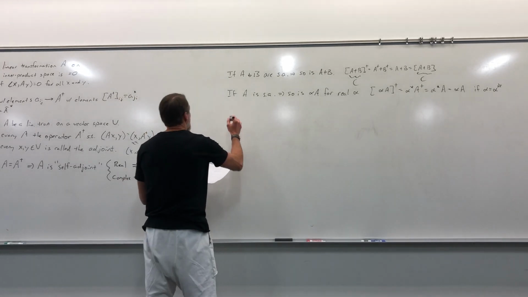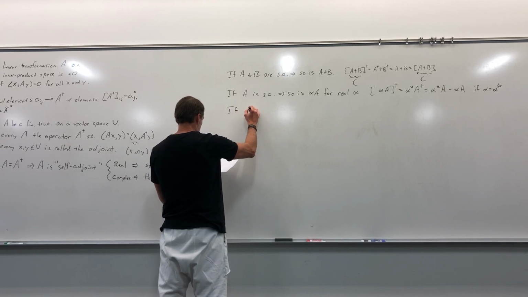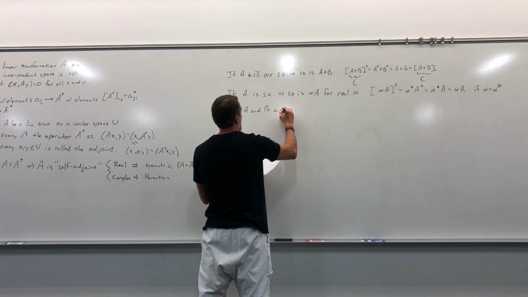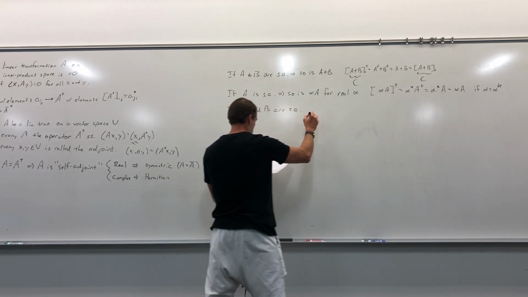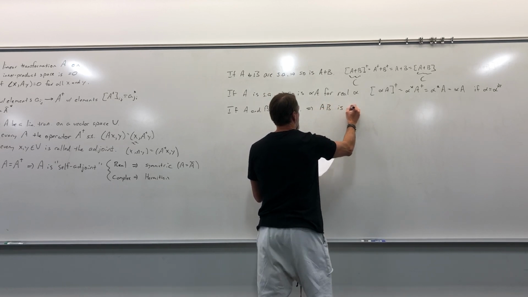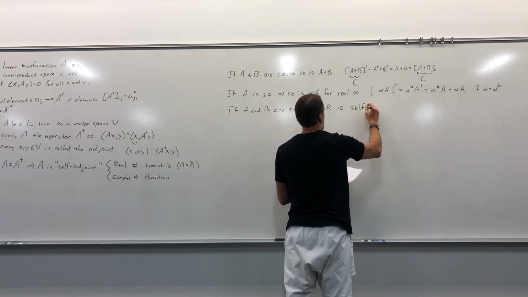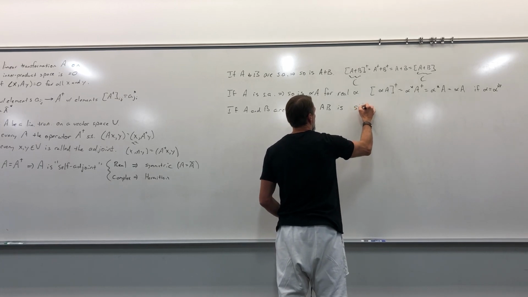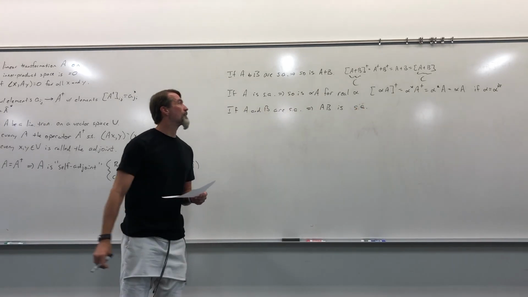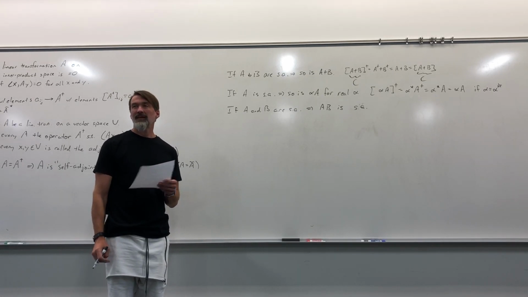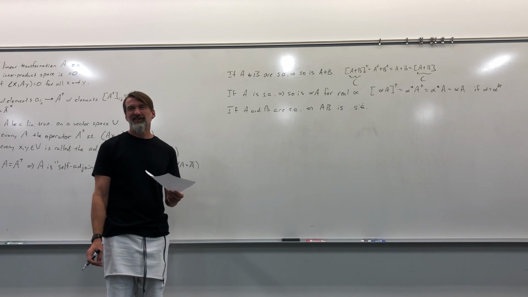And then last but not least, if A and B are self-adjoint, then AB is self-adjoint. It's boring, it is. It's self-adjoint.